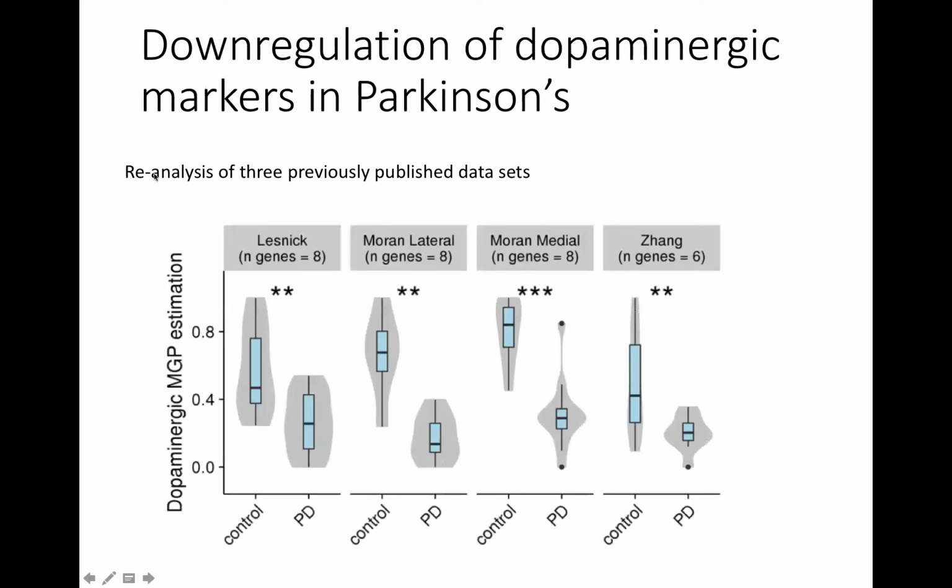And so first of all, this is the validation part, where this is from 3 different data sets. One of them had 2 sort of sub data sets. We see this nice reduction in our estimate of proportions of dopaminergic neurons in all of the data sets. And this is a good time to point out that these numbers on the y-axis here, you mustn't read them off as proportions.